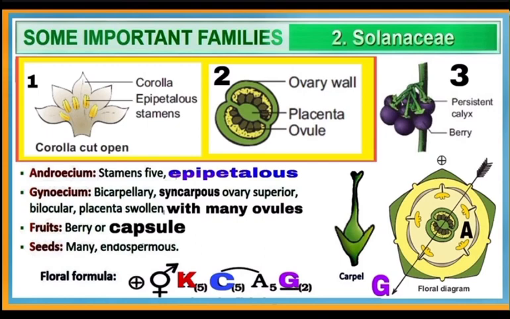See diagram number 2 for its detailed structure. It is syncarpous. Ovary is superior, bilocular. Placenta is swollen with many ovules. Now see the fruits. Fruits are of berry type or capsule. Many seeds are present and they are endospermous in the Solanaceae family.